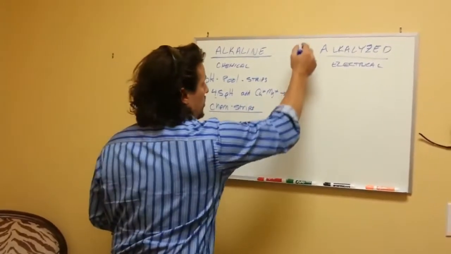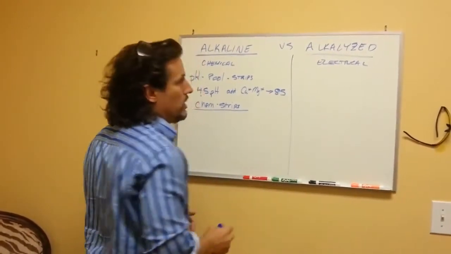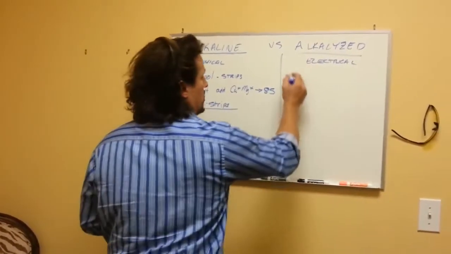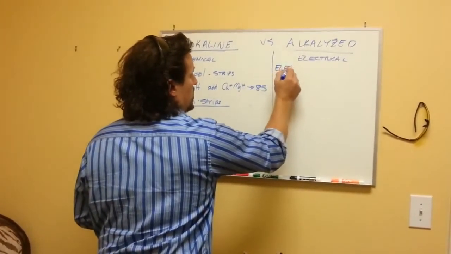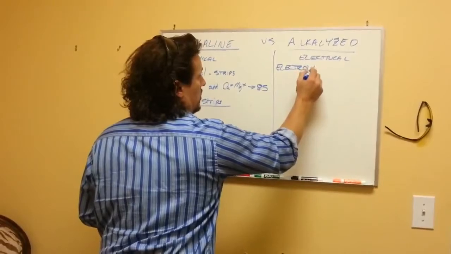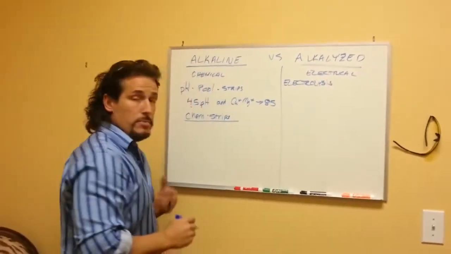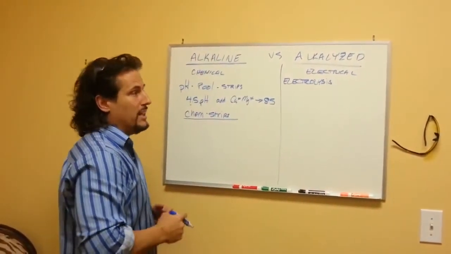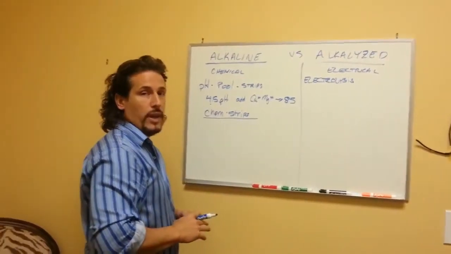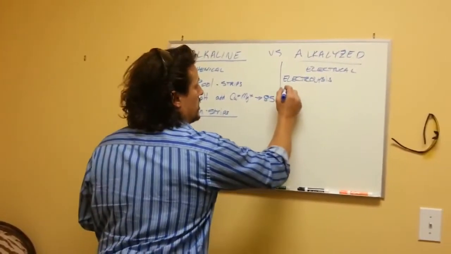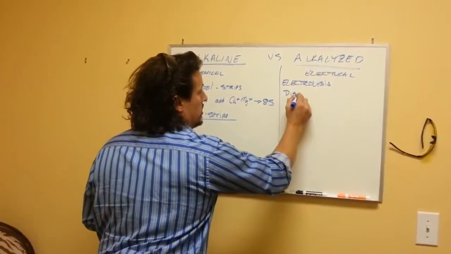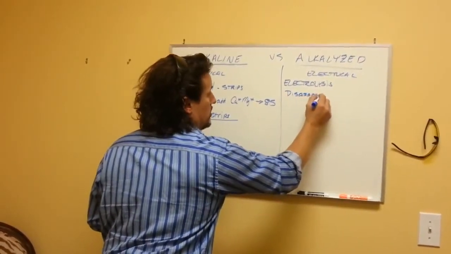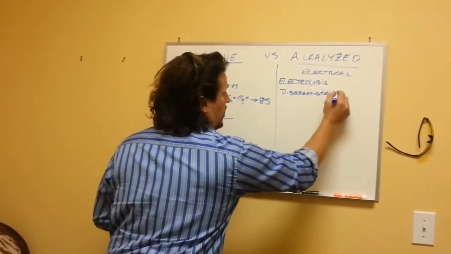However, when you compare this to alkalized water, what's going on is there is an electrolysis process, and basically it's shocking the water. It takes an enormous level of energy to do a process that is called the dissociation of water.